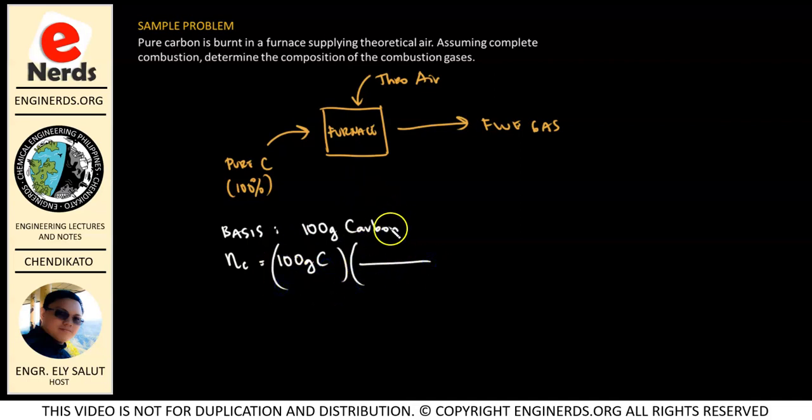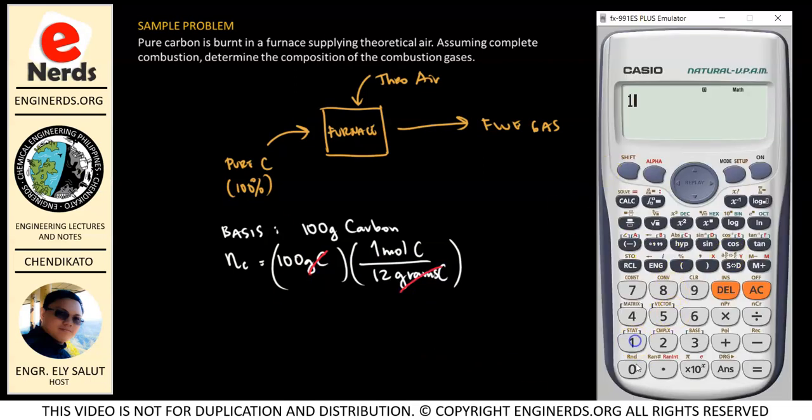What's the molecular weight of carbon? 12 grams of carbon per 1 mole of carbon. So, grams of carbon will be cancelled out. So we will have here 100 divided by 12. So we have 8.33 moles of carbon, di ba?